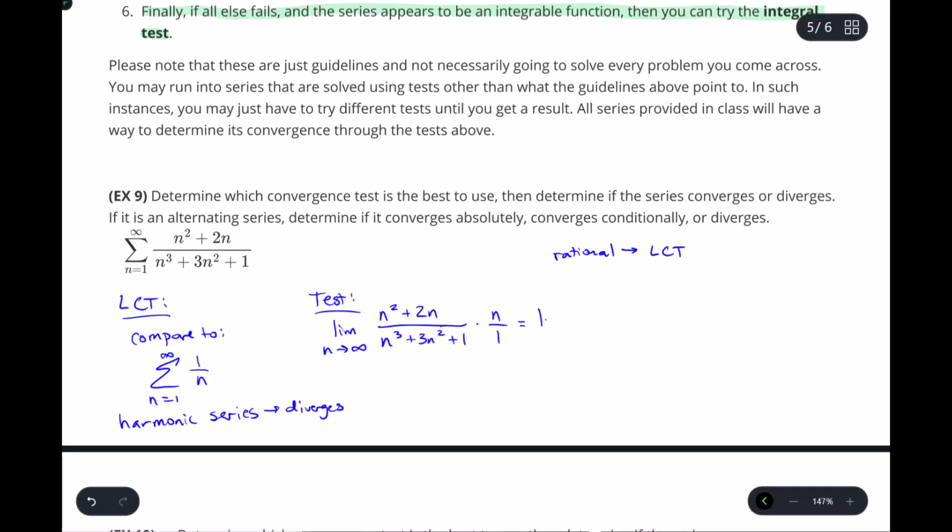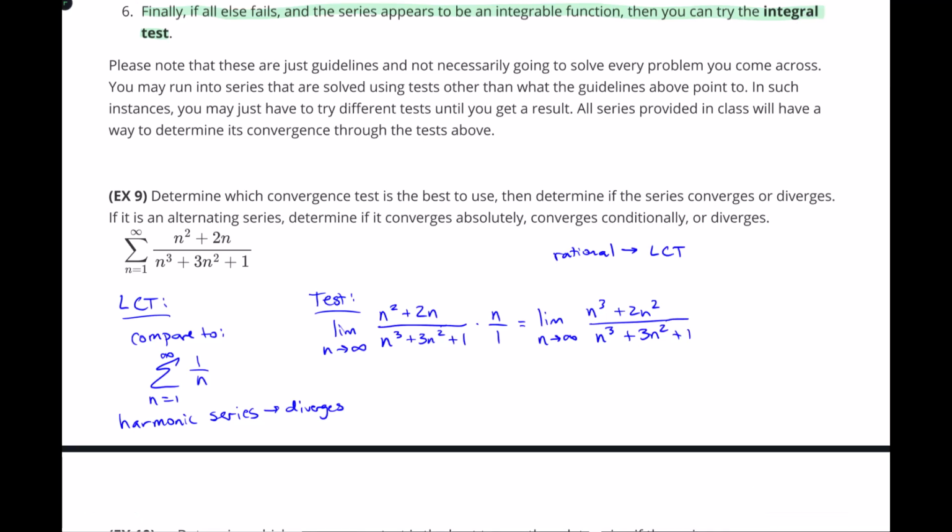So that right there would give me a limit. This would be n cubed plus 2n squared over n cubed plus 3n squared plus 1. The leading terms here are both n cubed, and because of that, the ratio of leading term coefficients is just going to be 1.